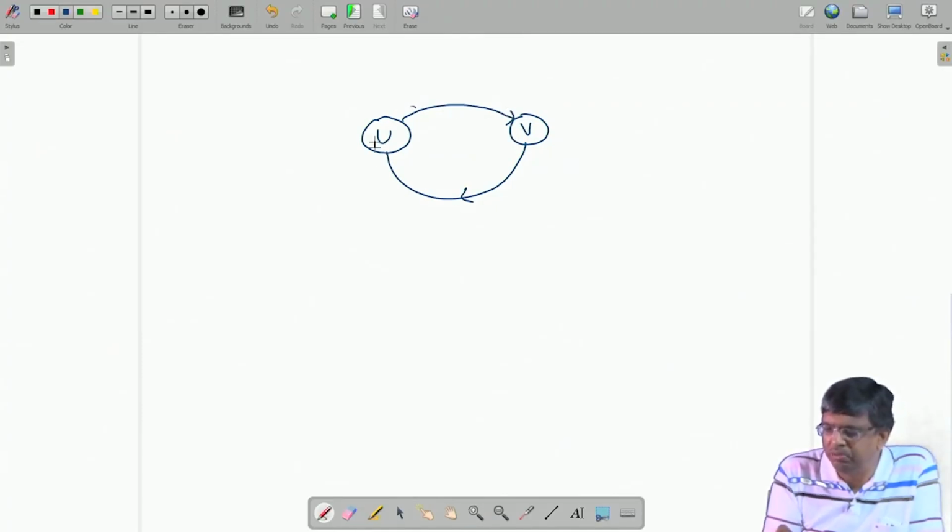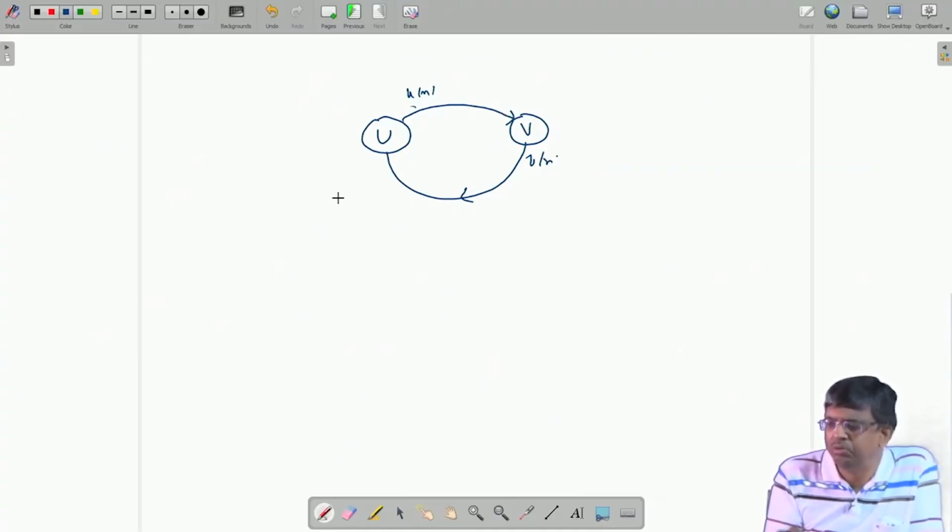So, the same output eventually depends on itself, which is not possible. That is, if you call U of n, if you call V of n, U of n depends on V of n, and V of n in the same cycle depends on U of n, because there is no delay, which means U of n depends on U of n, which, as I have shown earlier, is not possible. There should be at least one delay. Take it from me, delay free loops cannot be realized.